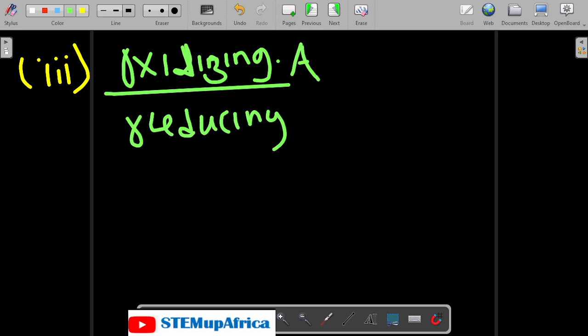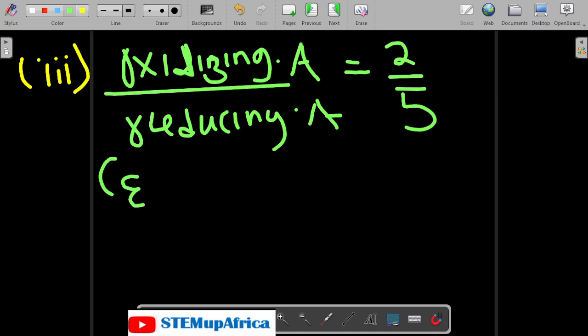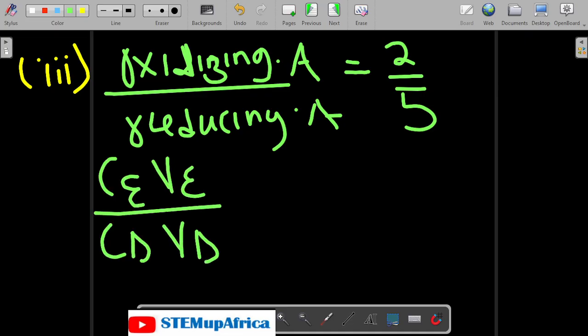Oxidizing agent over reducing agent equals the mole ratio, 2/5. So I'm having CeVe over CdVd equals the mole ratio, which is 2/5.